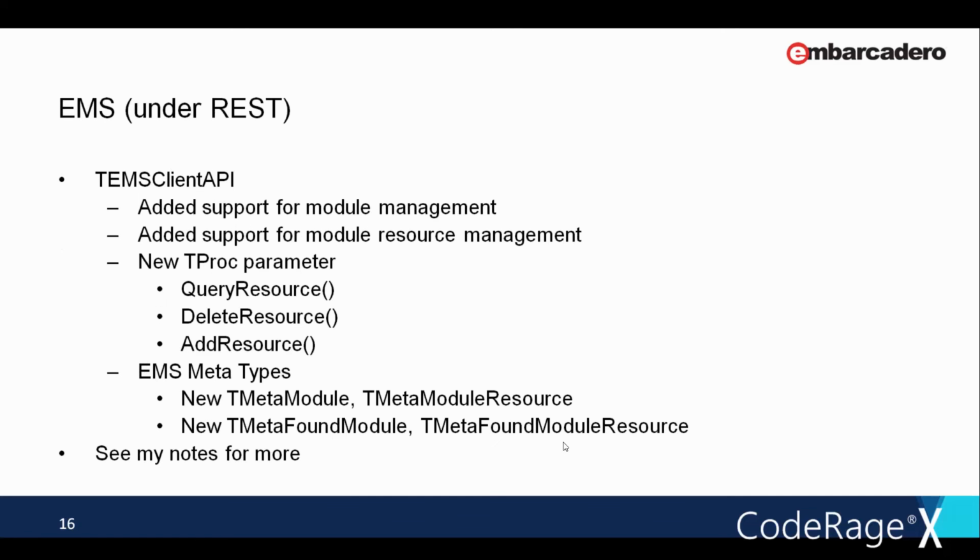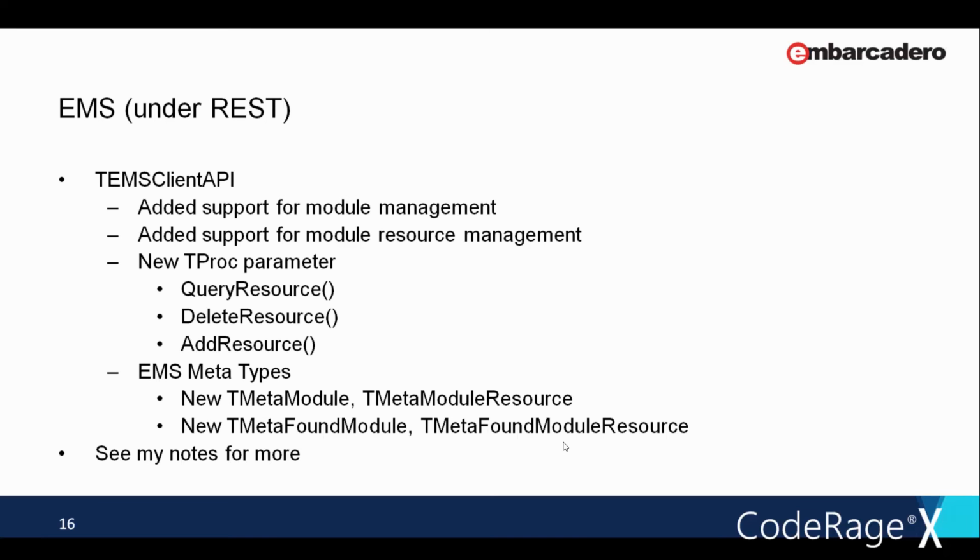And then I actually moved this out of order from the notes that I'm going to be providing a link to at the end of this talk, but there's also an EMS folder underneath REST in the runtime library which has the EMS client API. There's support for module management and module resource management.